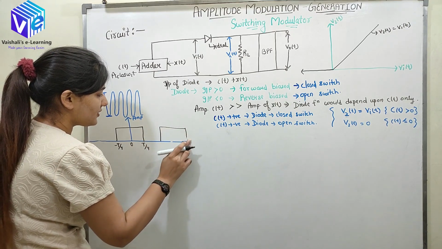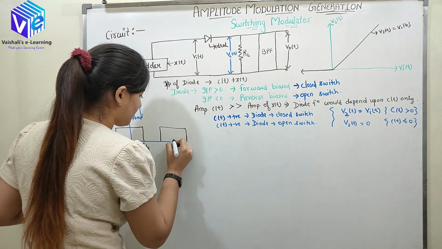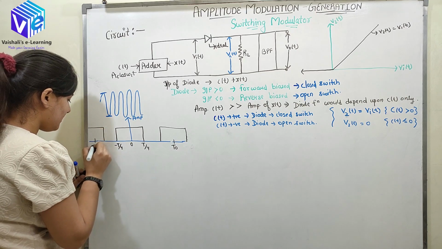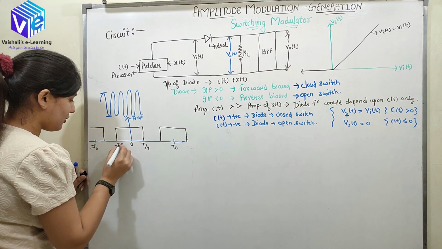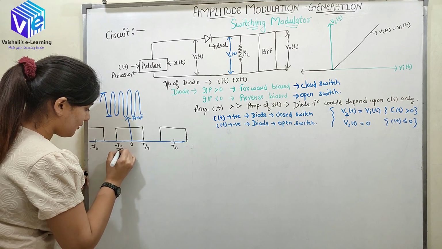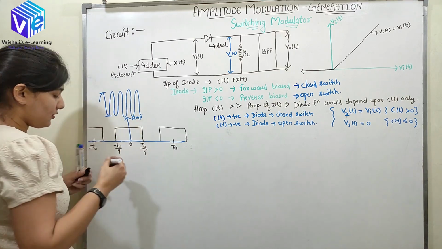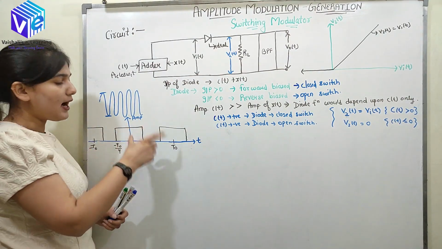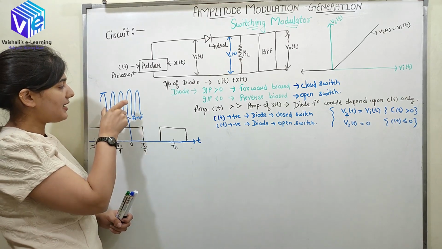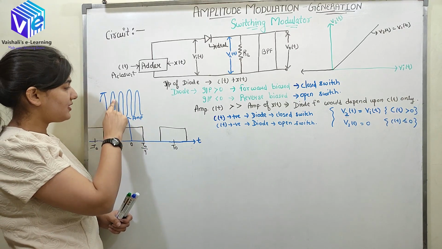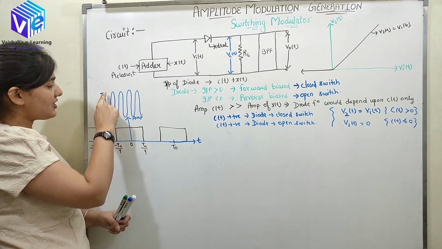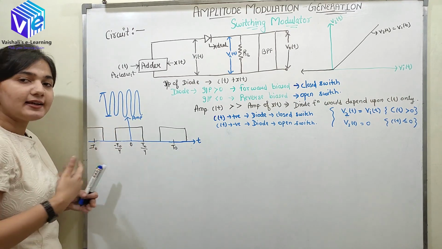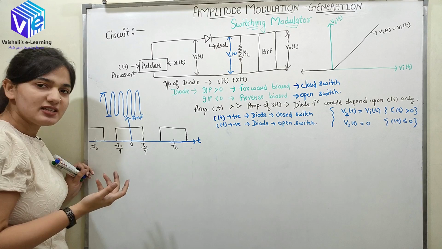Again I'll have a positive pulse centered around T0, and similarly here also I have a positive pulse centered around minus T0. I hope you are clear how I made this pulse. This pulse depends upon the functioning of the carrier. The carrier changes its amplitude from positive to negative in one cycle, and the frequency is not changing.